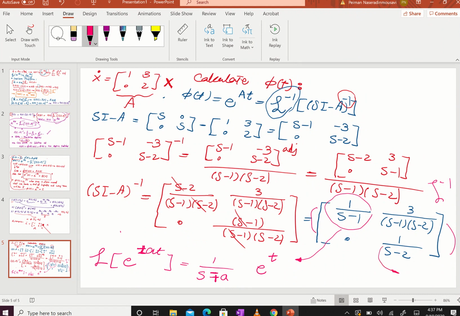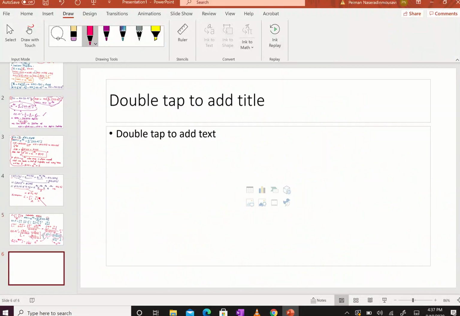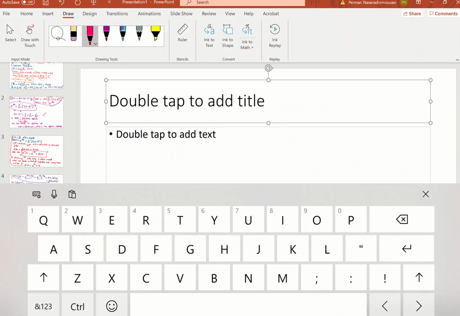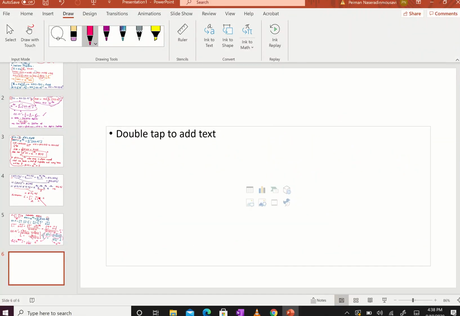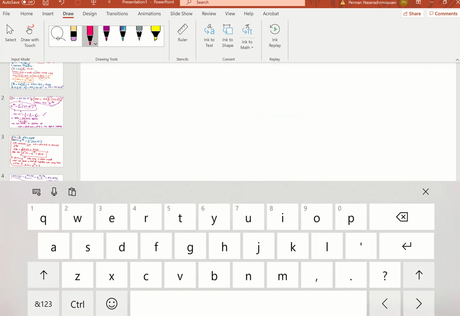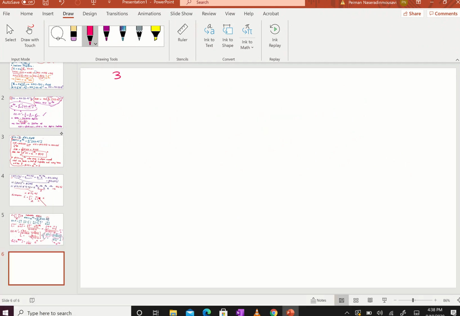This is going to be how much? e^(2t), because your a is 2. Now you have to calculate the inverse Laplace of this term, right? Three over (s minus 1)(s minus 2) can be written as A over (s minus 1) plus B over (s minus 2).